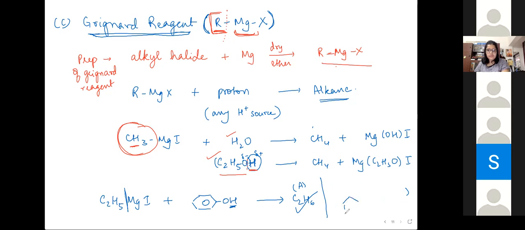You have the phenoxide ion, phenoxide minus, with Mg and I. Mg has a 2+ charge, so one side of the charge is satisfied by phenoxide and the other by iodide. This may disintegrate further, but we don't really care about that. The main thing is preparation of alkane. This is the alkane that we're going to get.